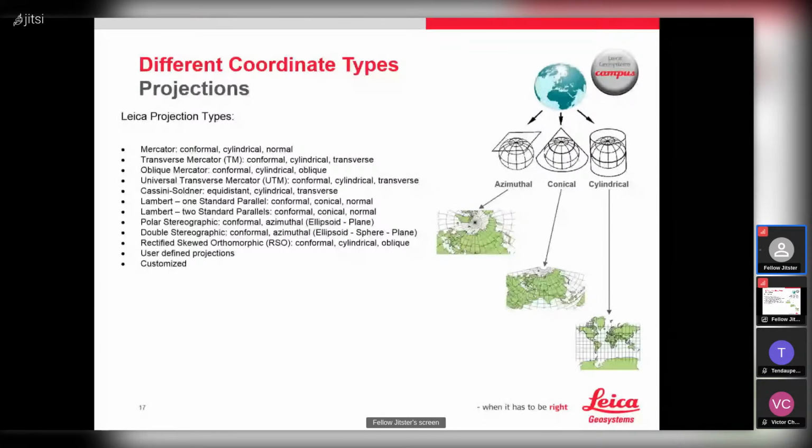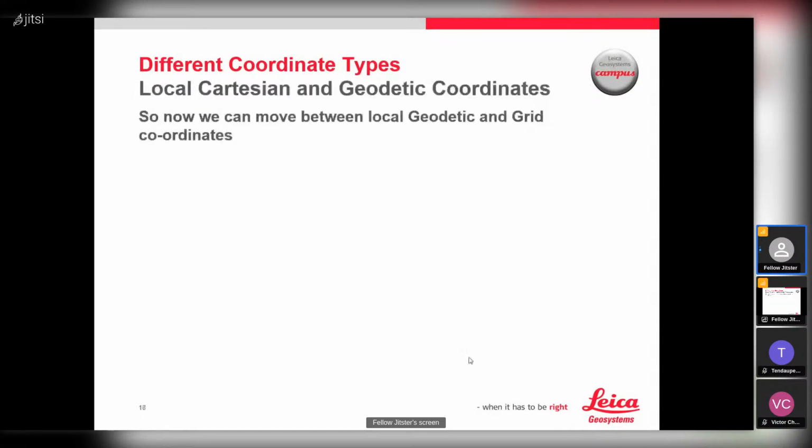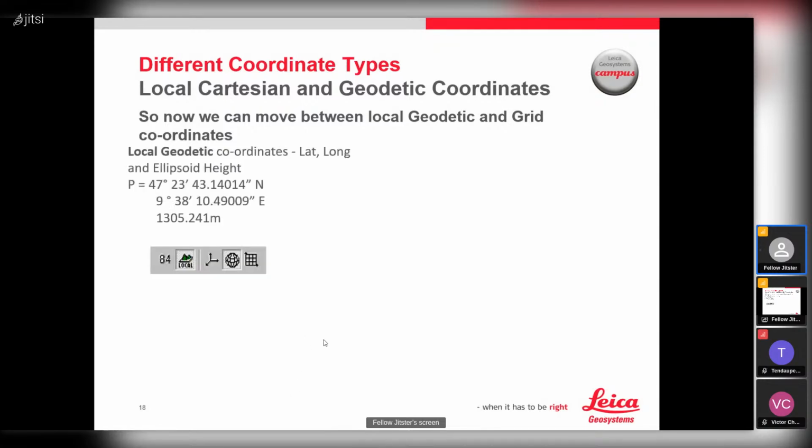So as I said, there are different types of projections which you can apply basically to convert the latitude, longitude, and height into some kind of planar system. And once you do that, then the coordinates are not expressed anymore in latitude and longitude, but most of the time they are expressed in so-called easting and northing, or lowercase x and lowercase y coordinates.